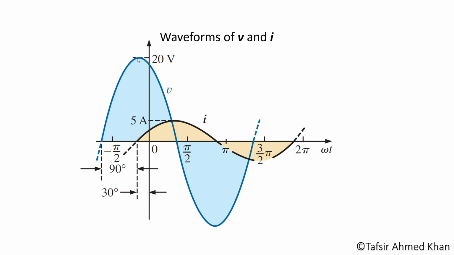Since the equation for v was 20 sine omega t plus 120, it will start 120 degrees ahead of our 0 point. And since the current equation was 5 sine omega t plus 30, it will start 30 degrees ahead of our 0 point. So our voltage is leading the current by 90 degrees.